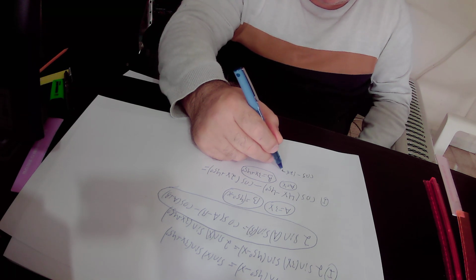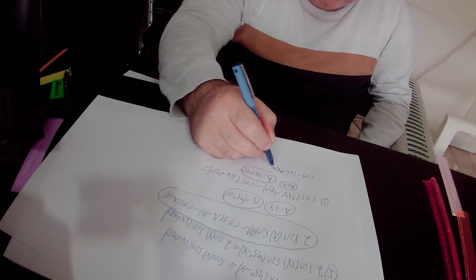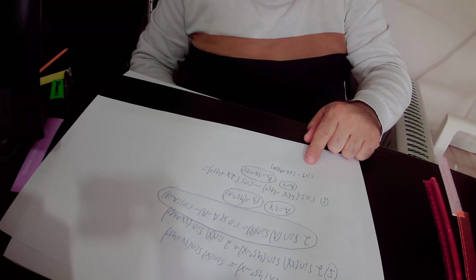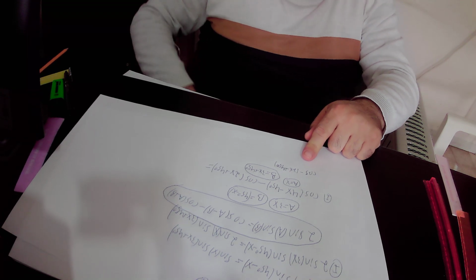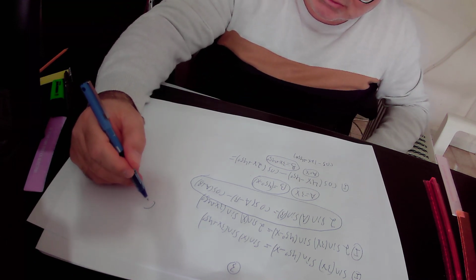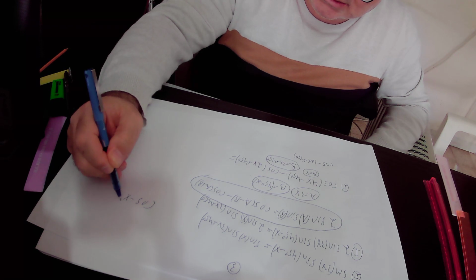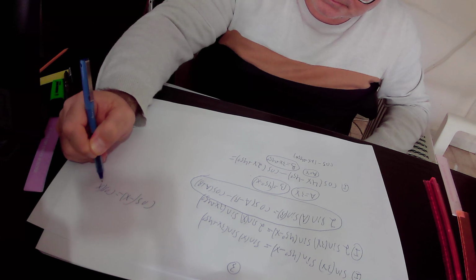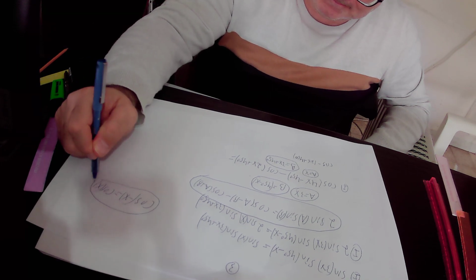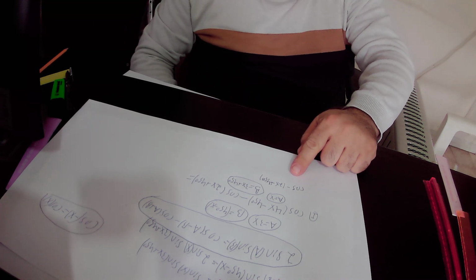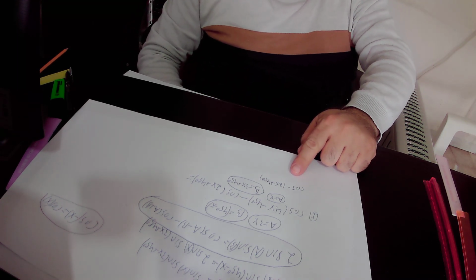So in conclusion, we got that the first expression is cosine of minus 2x minus 45 degrees, but we have the trigonometric identity that states that cosine minus x equals cosine x. So we can substitute cosine minus 2x minus 45 degrees.